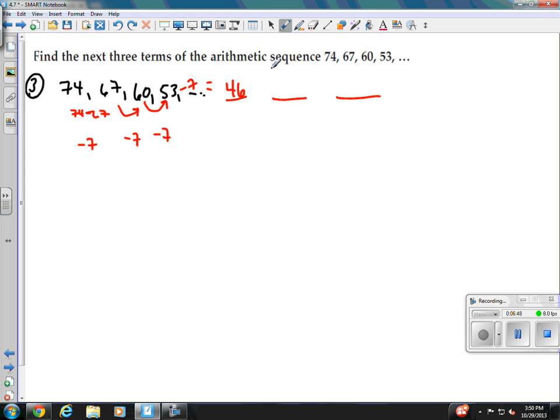And to find the next term, we'll do 46 minus 7, which gives us 39. And once again, we're going to do 39 minus 7, and that's going to give us 32. So our next three terms in our sequence are 46, 39, and 32.